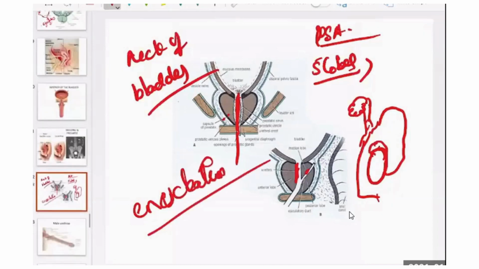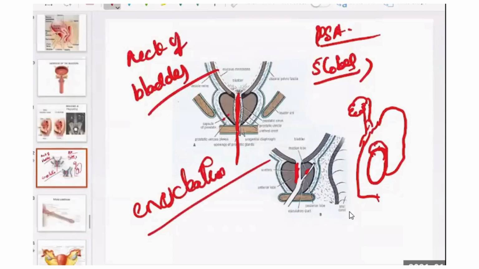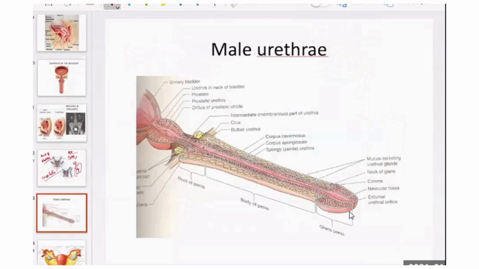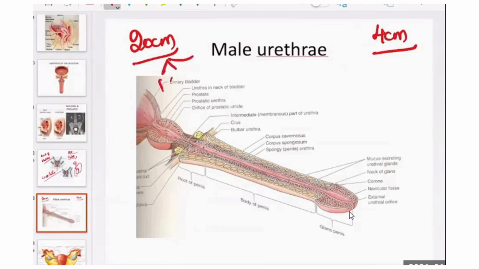Next is urethra. Function of urethra. Remember the difference between male and female. It is 20 centimeters in male, 4 centimeters in female. Here it has 3 parts.